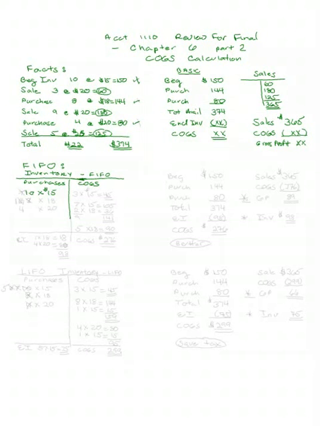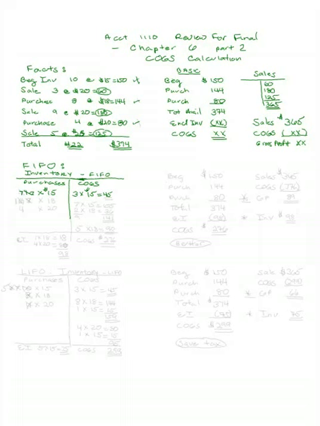You sell 3 of those units, so 3 of those units are going away at a cost of $15 each. So cost of goods sold for that sale is going to be $45. So if you had 10 and you sold 3, you now have 7 left at $15 each.